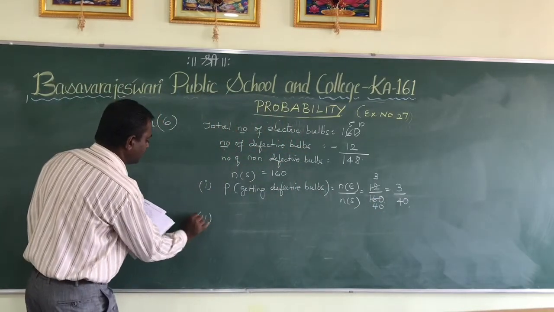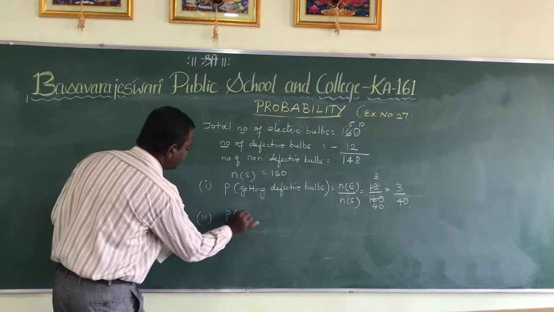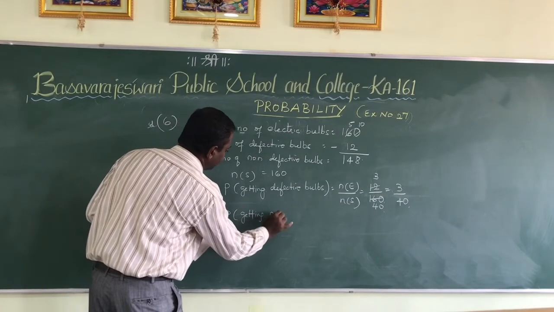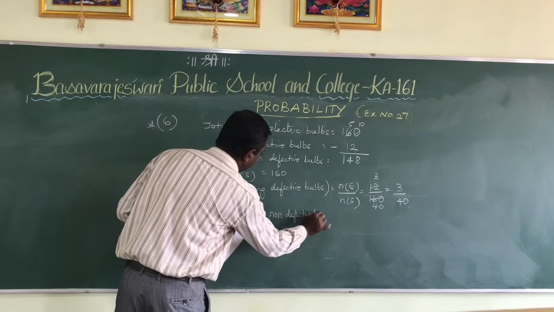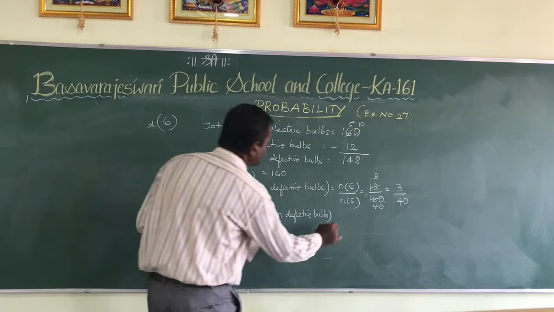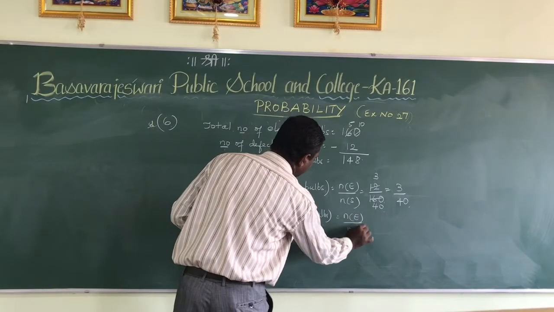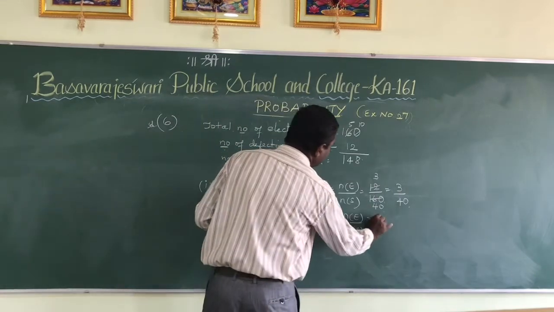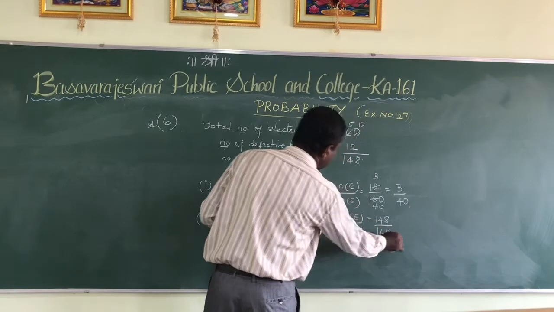So what is the second question they are asking us? Probability of getting non-defective bulbs is equal to n of E by n of S. So non-defective bulbs, how many are there? 140 by 160.